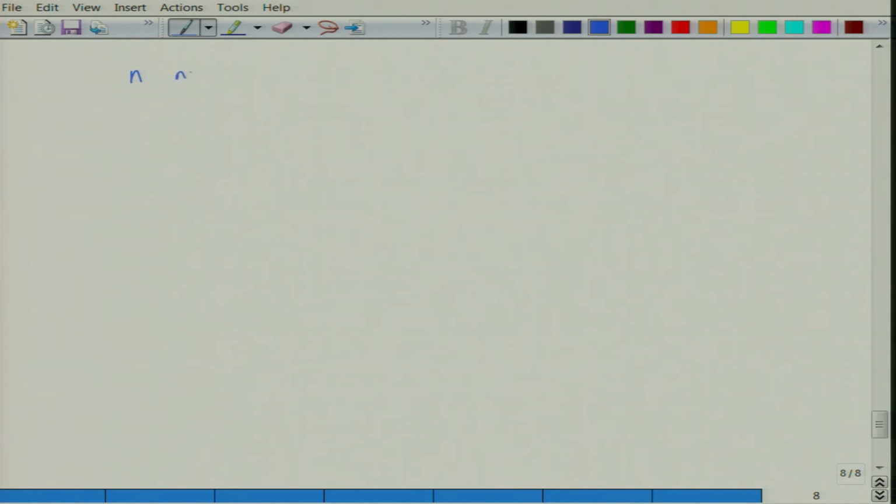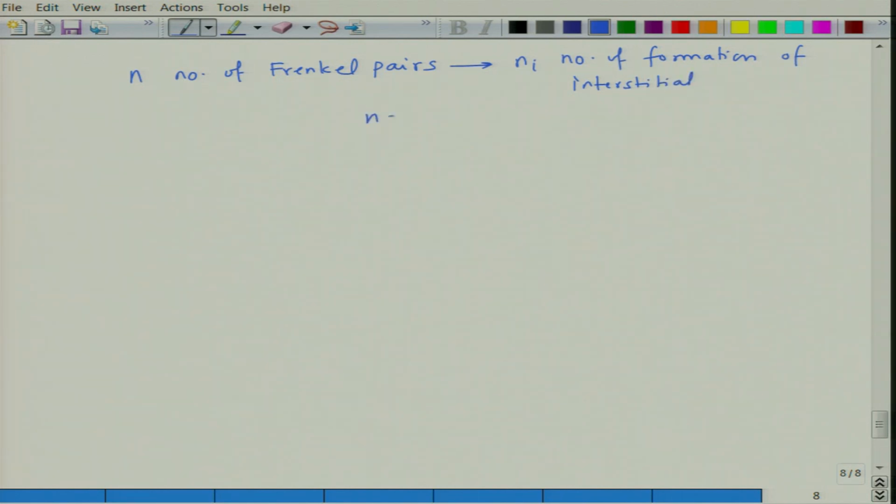So n is equal to n_i, and each pair contains one interstitial and one vacancy, so similarly it will also be equal to n_v, which is the number of vacancies, right.